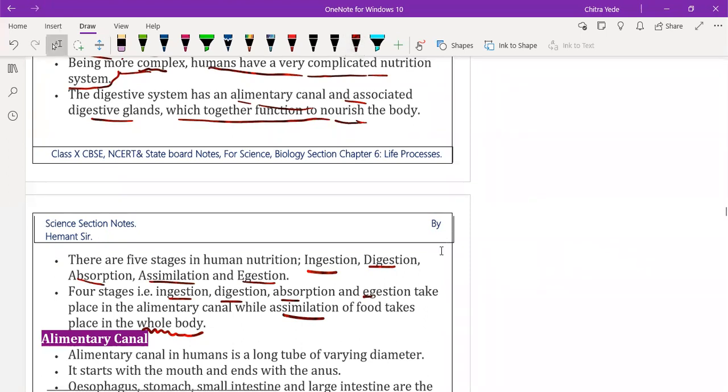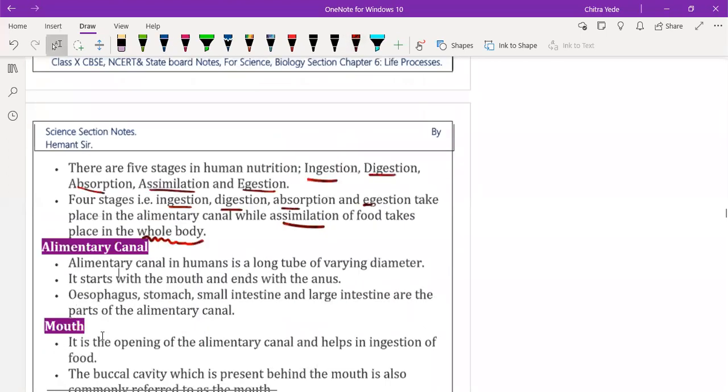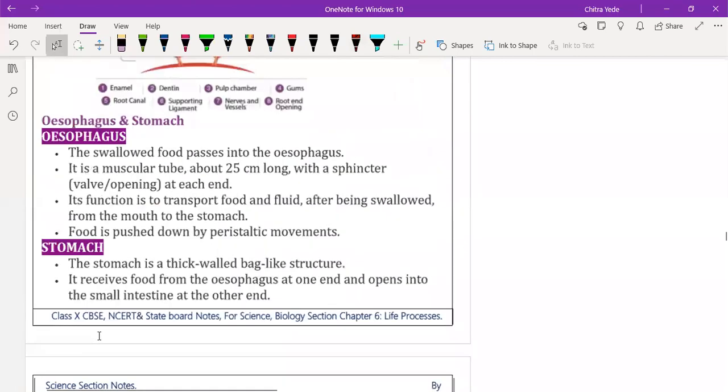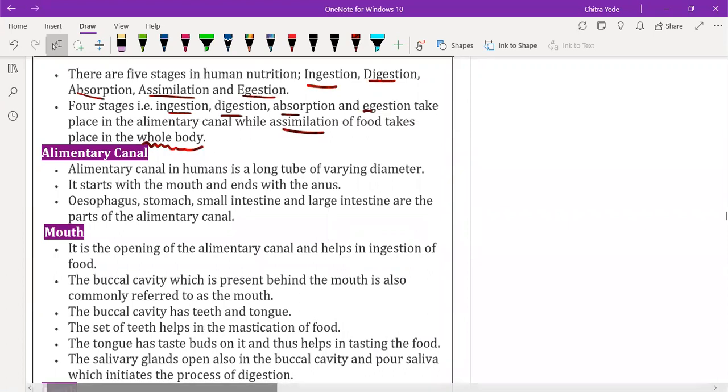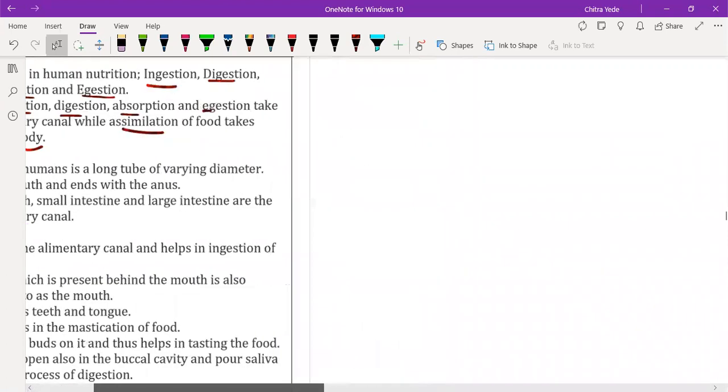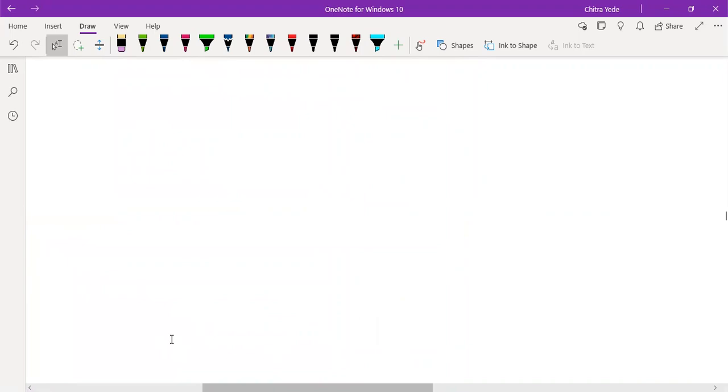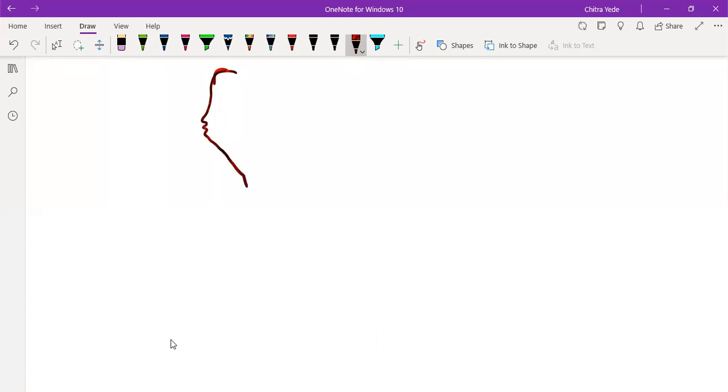We will first discuss how the process takes place in the human being. This is the human being and this is the mouth region.